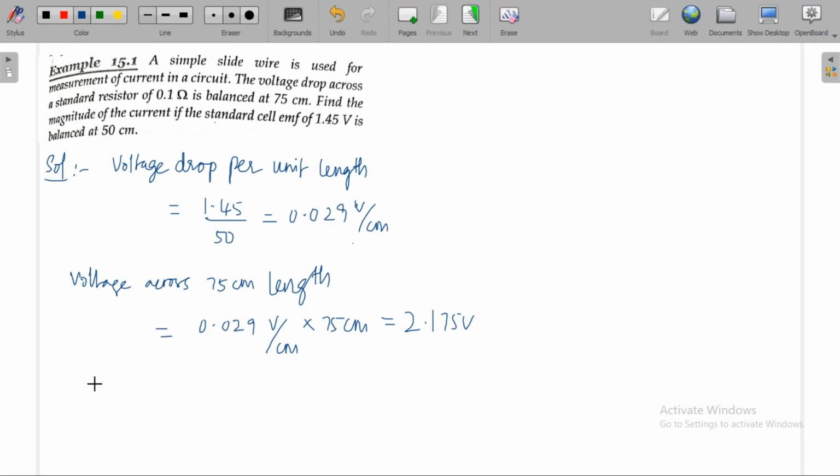Then what will be the current through the resistor? Current through resistor is equal to 2.175 by the resistance of 75 centimeters length of wire, having the resistance of 0.1, right? By 0.1, you are going to get 21.75 amps.